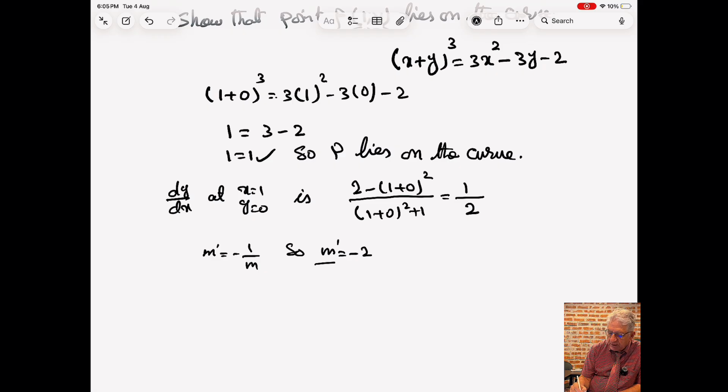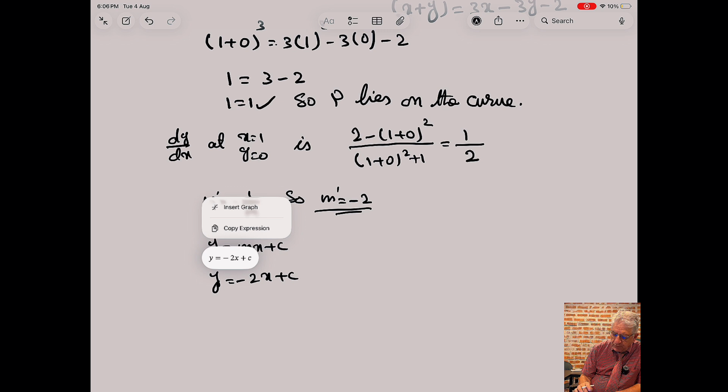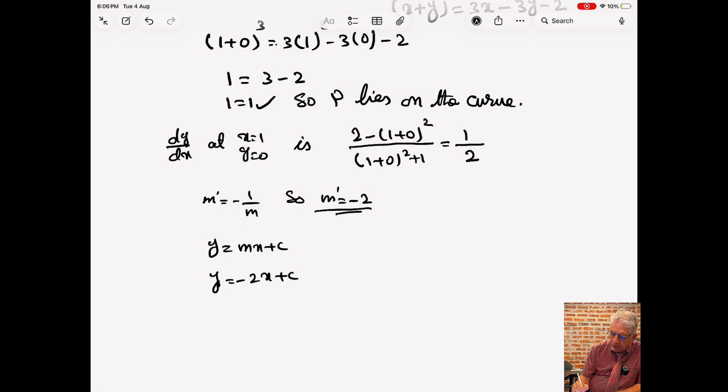Now I can easily write the equation. y equal to mx plus c, m is negative 2, so negative 2x plus c. We know that x is 1, y is 0, that means c is 2. Therefore, y is equal to negative 2x plus 2. This is the equation of the normal to the curve.